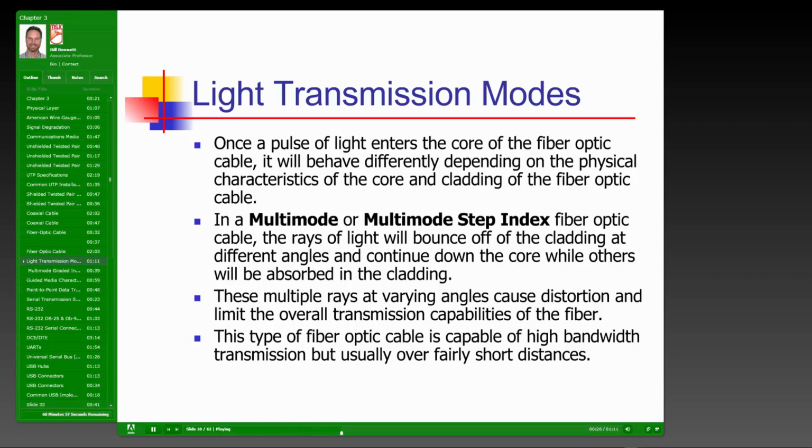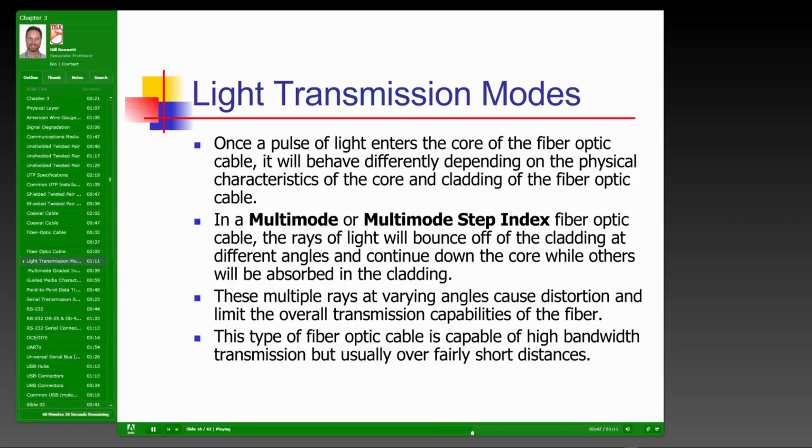In the multi-mode type of cabling that we were talking about, it actually allows for multiple rays, and the rays of light will bounce off the cladding at different angles. That's why you can have multiple rays traveling down that fiber optic core at the same time.